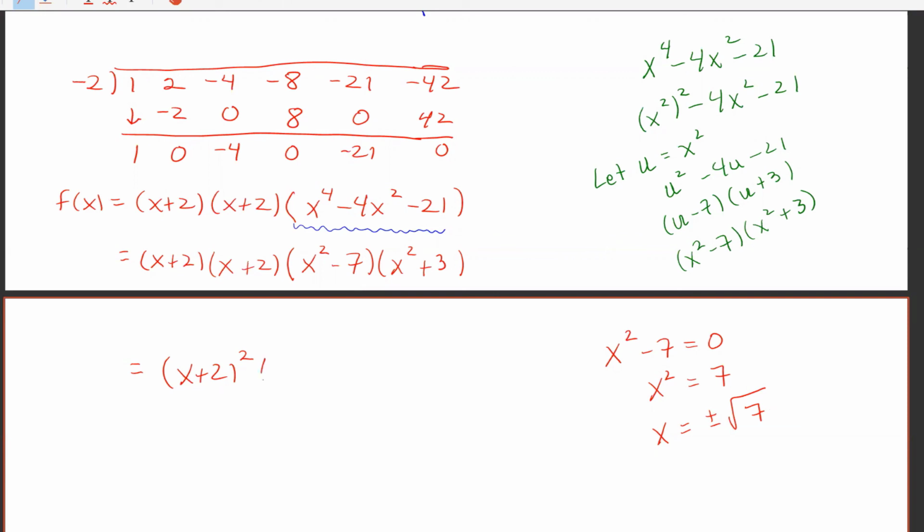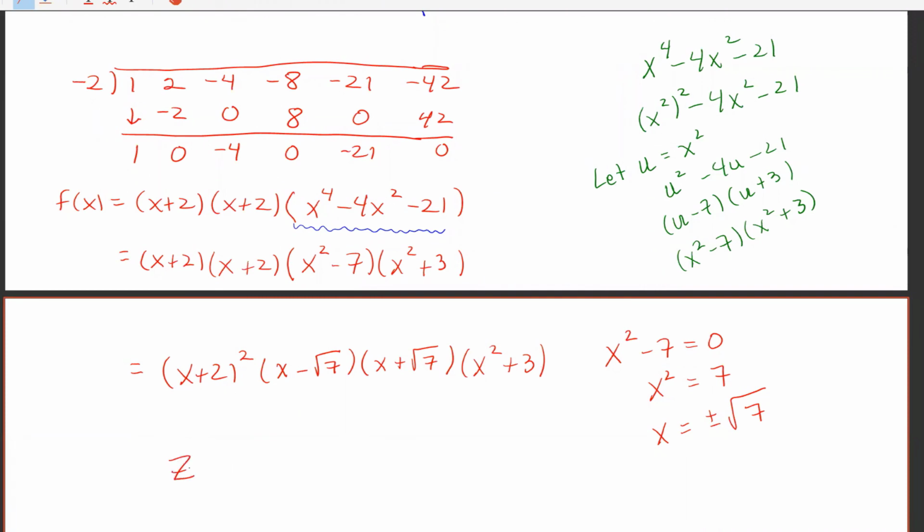So if square root of 7 is a 0, that means x minus the square root of 7 is a factor. If negative square root of 7 is a 0, then x plus square root of 7 is a factor. Now x squared plus 3 cannot factor over the real numbers, and so it's prime.